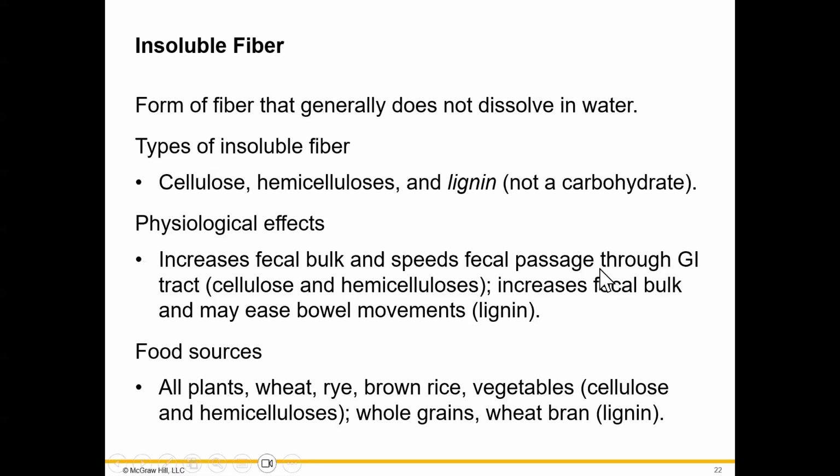Your gut benefits from this fiber twofold, actually threefold. The first way is it helps to increase your fecal bulk. If you remember back when we talked about the digestive system, the major function of your colon was to reabsorb water.